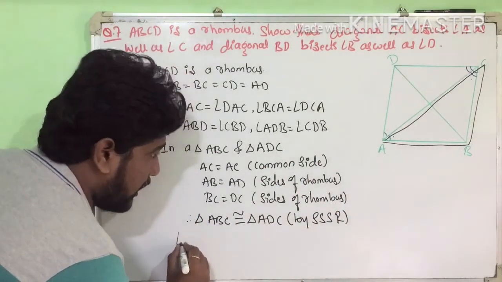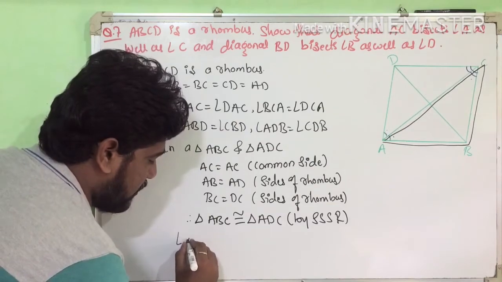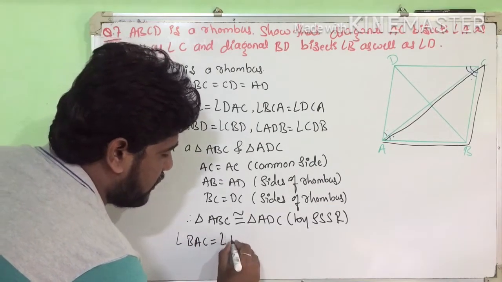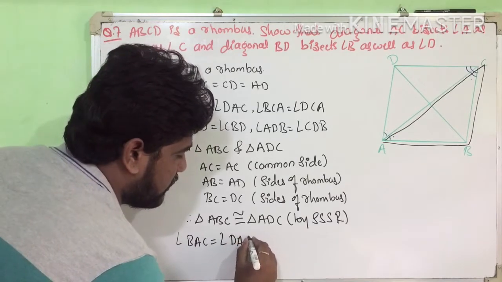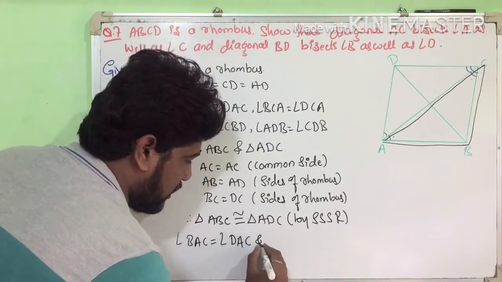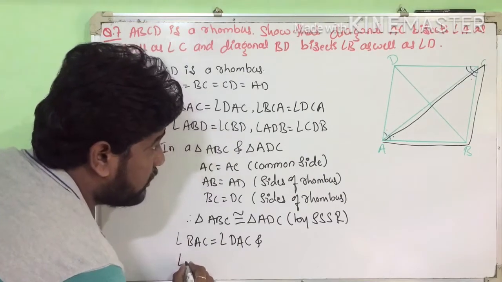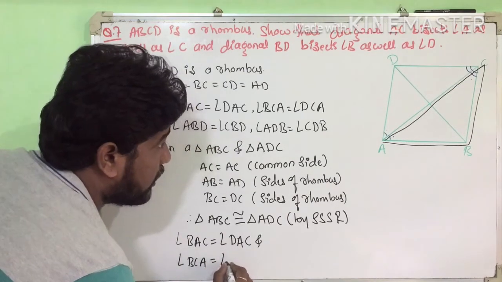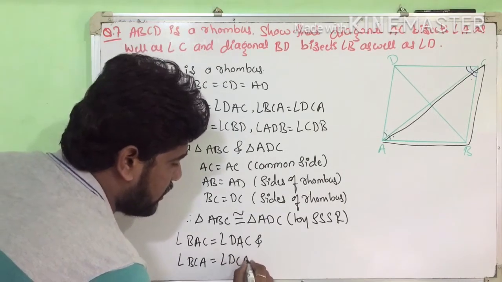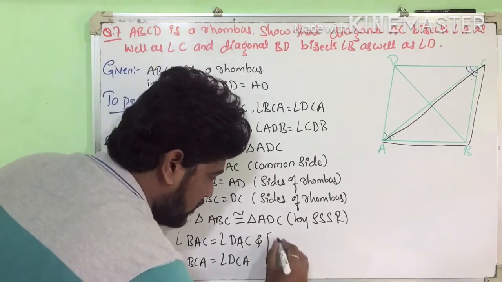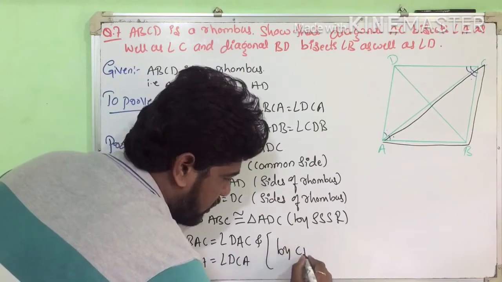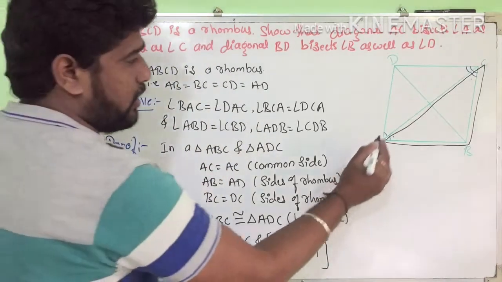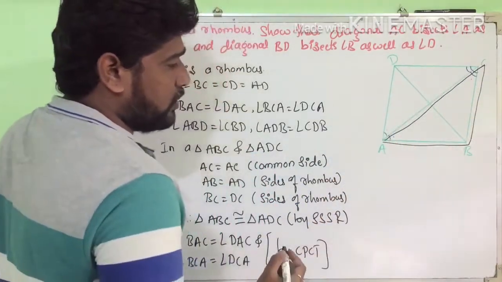That is, angle BAC is equal to angle DAC, and angle BCA is equal to angle DCA. The reason is CPCT: corresponding parts of congruent triangles, so these two angles are equal.